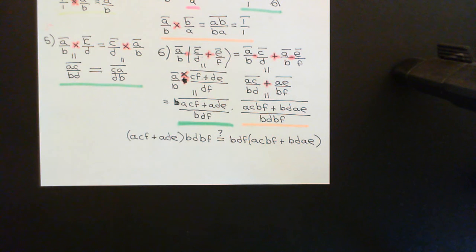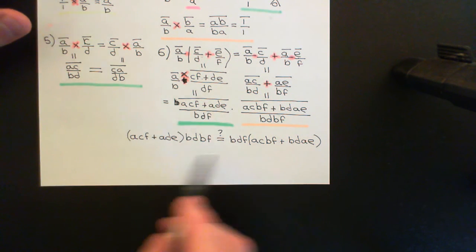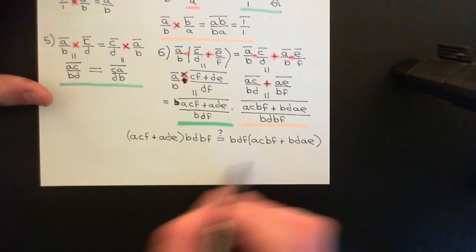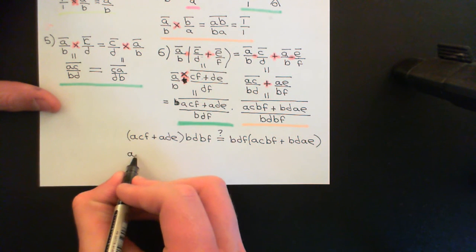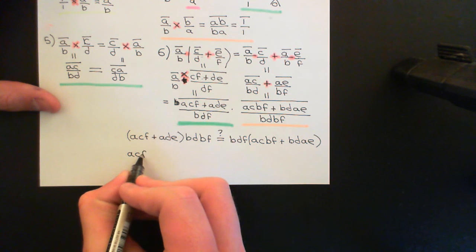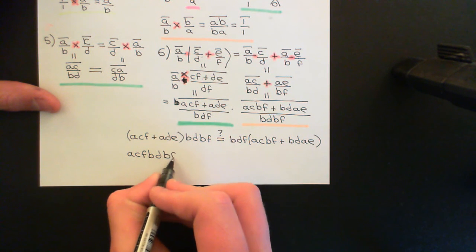Right, so now we just have to apply distributivity and pray that I haven't made a mistake and that the two things do correspond on either side of the equals. Applying distributivity, the first thing we'll get here is a times c times f times all of this, b, d, b, f.